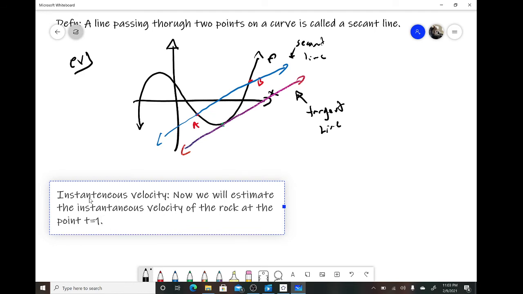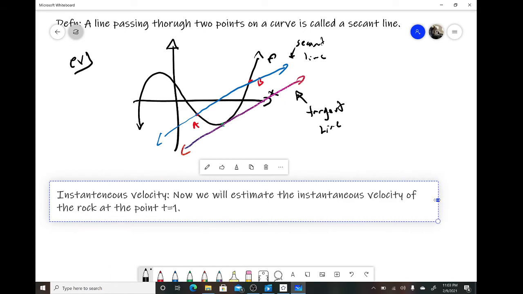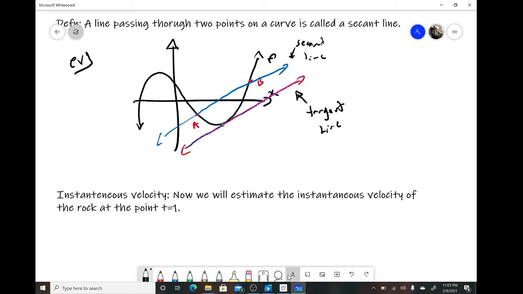See, when you compute the average velocity, we use 2 points. When we compute the instantaneous rate of change, or the instantaneous velocity, we only use 1 point. So this is important to know.